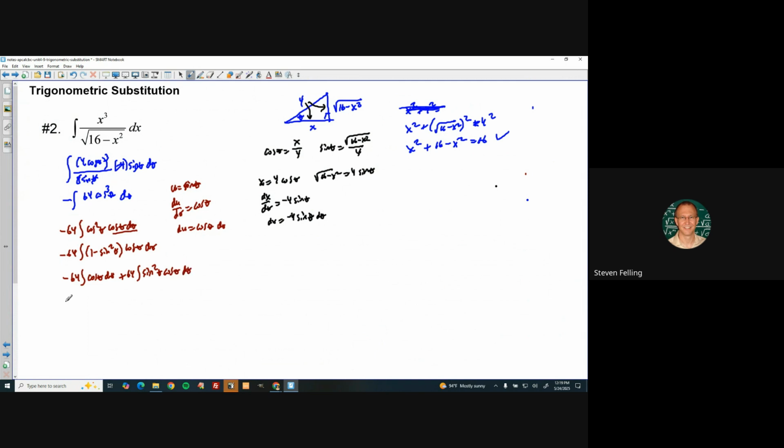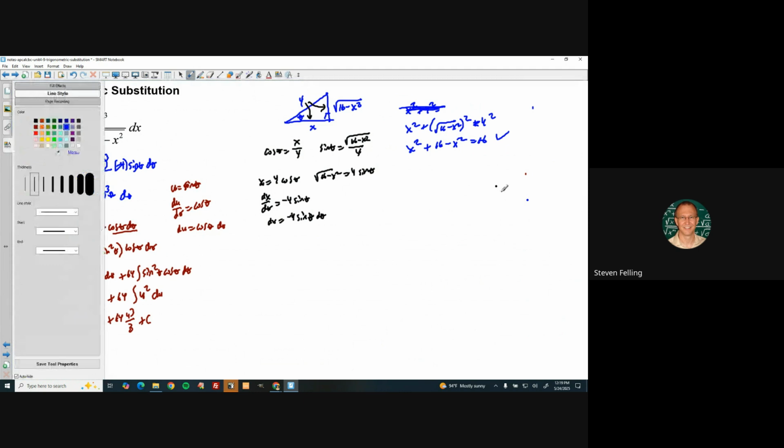Here we can do just an integral, antiderivative shortcut to get that sine. But for this one, we're going to do a u substitution with this u. This is now du. We've got negative 64 sine theta plus 64 times u cubed over 3 plus the c. And let me write the result here.